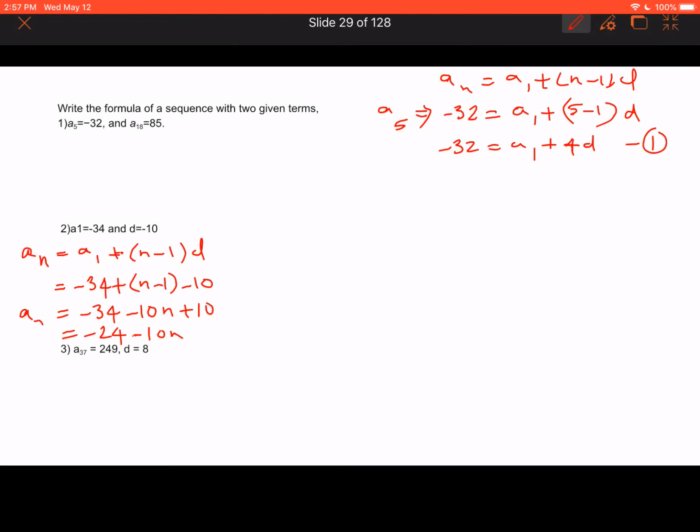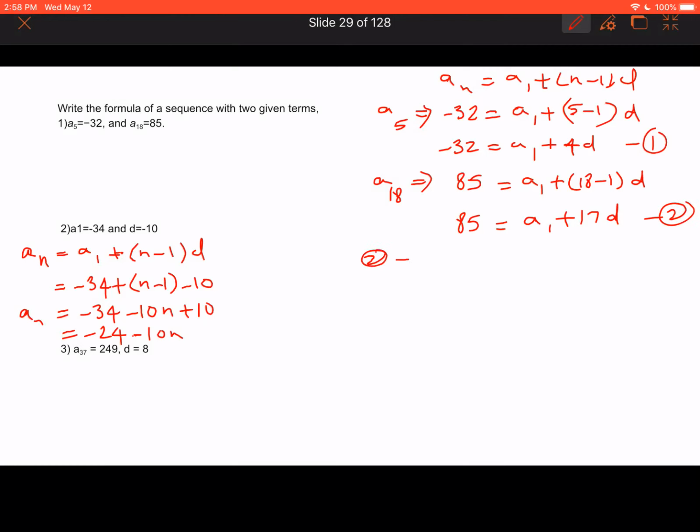So for the value of a18, okay, then we can write the equation as 85 is equal to, here also we don't know the a1's value, plus 18 minus 1 times d. So the equation is going to be like this. So we have to solve these two equations.